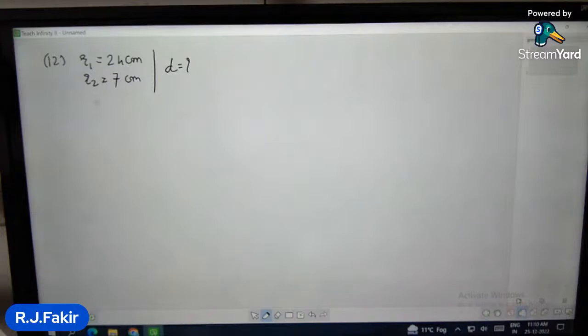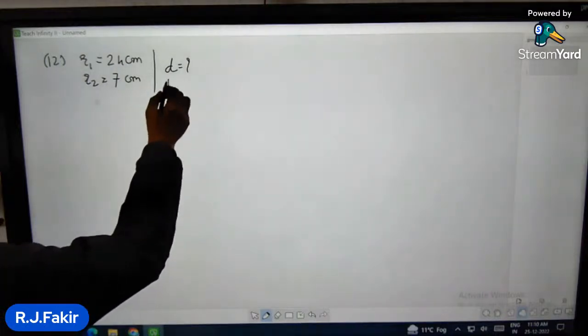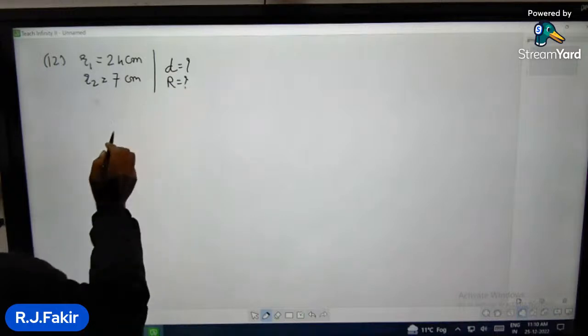How can we do this? Let us say capital R is the radius for the bigger circle.